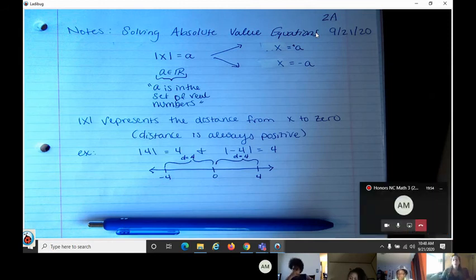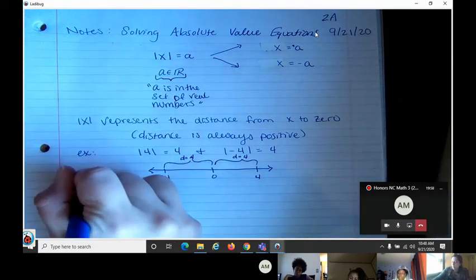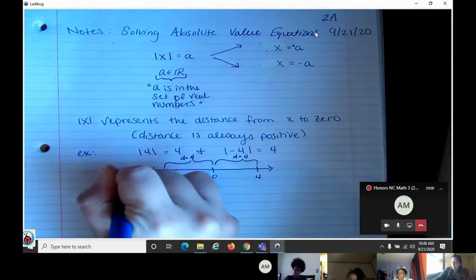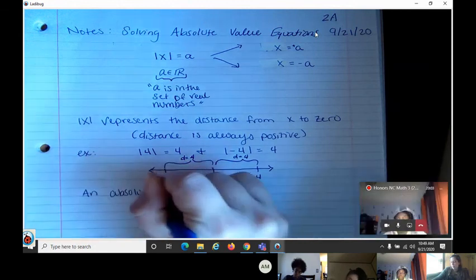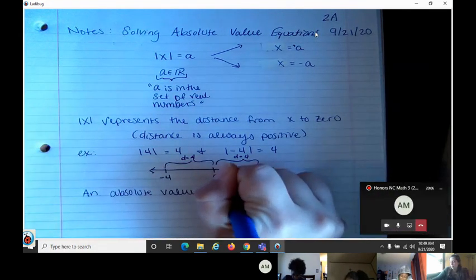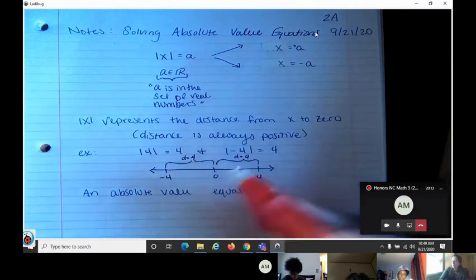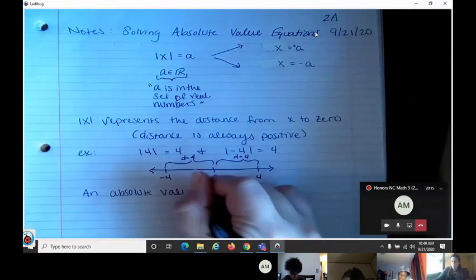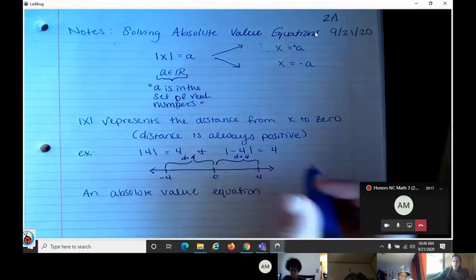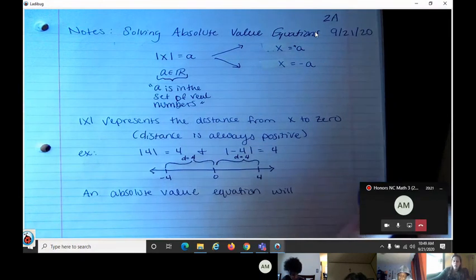Okay, so an absolute value equation, and I said this earlier, I've got way too many loops in this. So an absolute value equation will have several components.